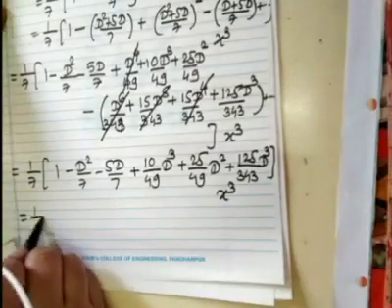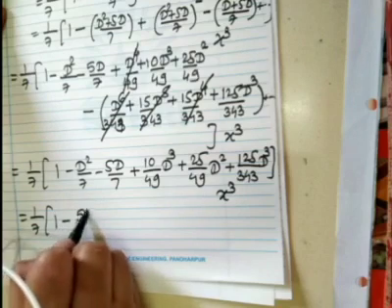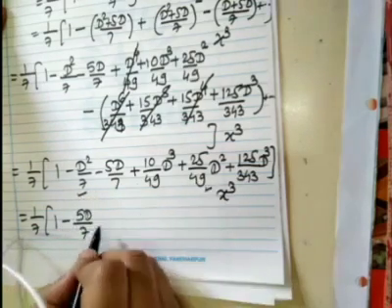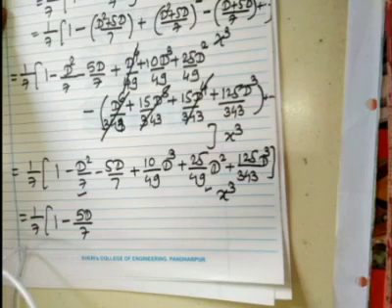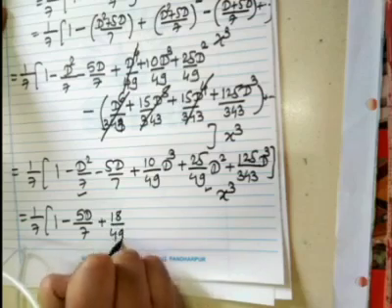That is 1 by 7, 1, d is only 1, so we will write 5d by 7, d square is here and d square is here. Add them, 25 by 49 minus 1 by 7 is equal to 18 by 49 d square.